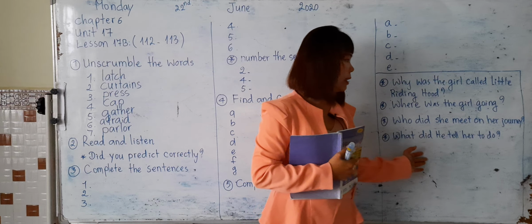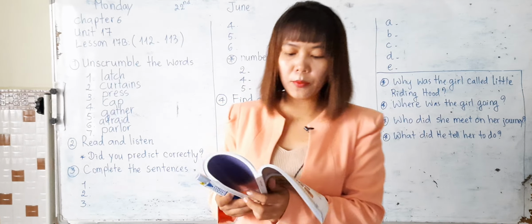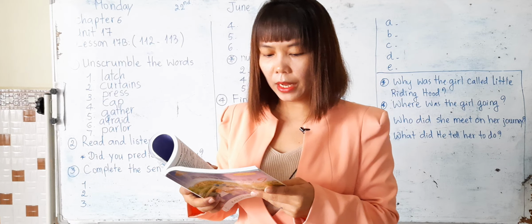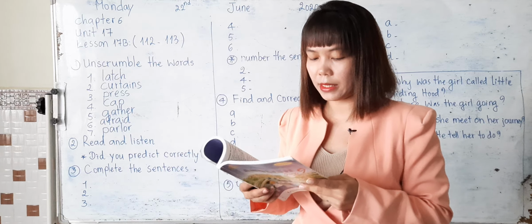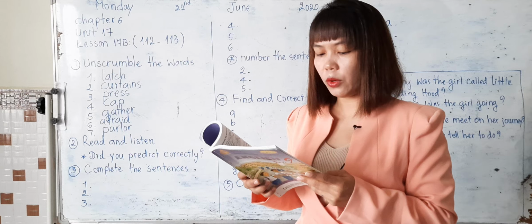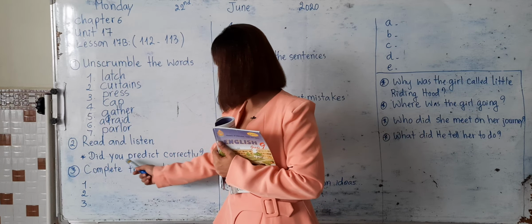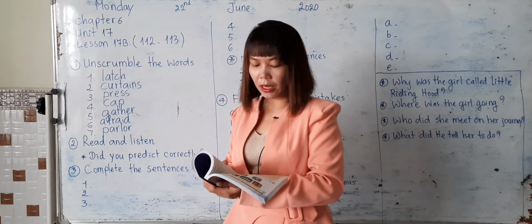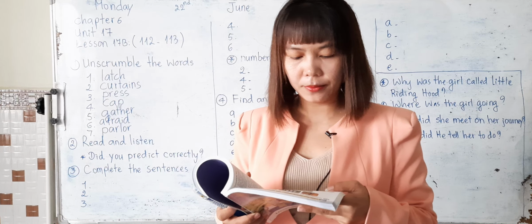And what did he tell her to do? Everyone, read with the teacher on page 112. Read and listen to see if you were right about what happened next. Did you predict correctly? Now you are going to listen to what happened next.